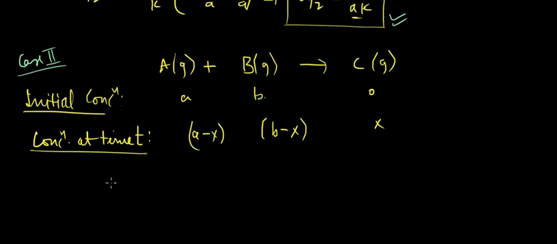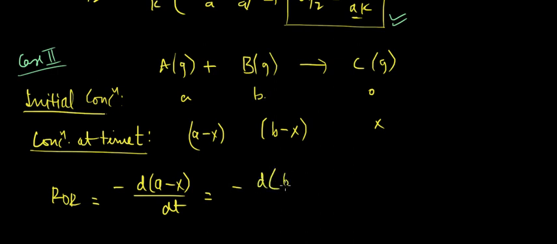So from here we can write that minus d(a minus x) upon dt would be equal to, this is the rate of reaction, divided by the stoichiometric coefficient, which is again 1, d(b minus x) upon dt. Again the stoichiometric coefficient is 1, so just dividing it by 1, it would give us the same term.